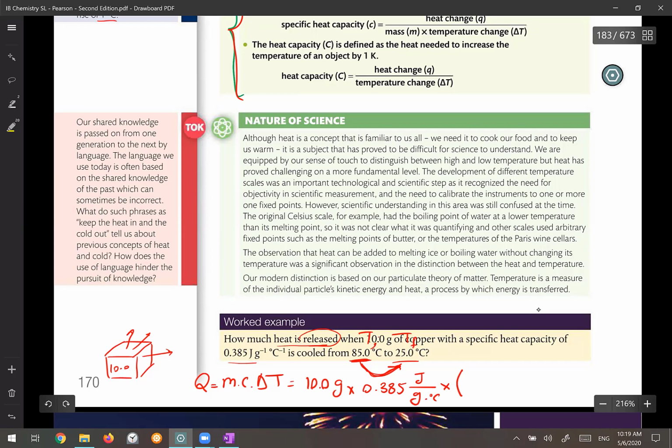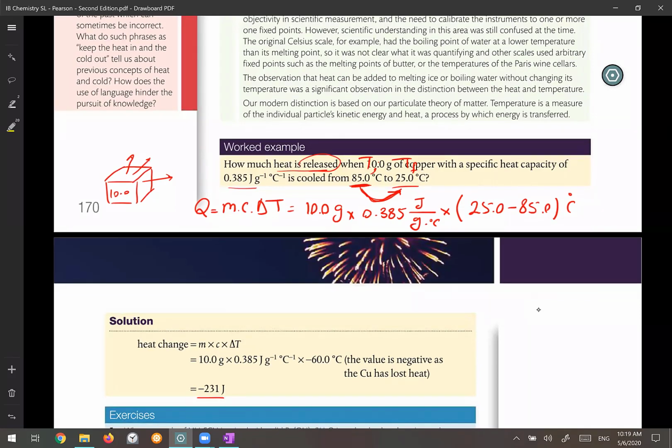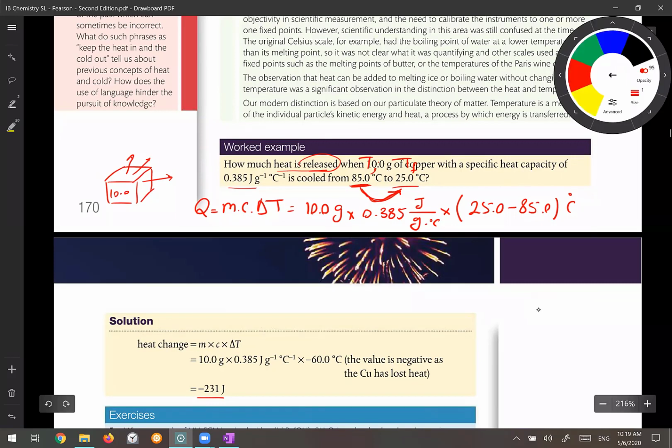So final minus initial, 25 minus 85, and the unit is degree centigrade. If you multiply all of them, you get negative 231 joule. Where does this negative come from? It comes from here.